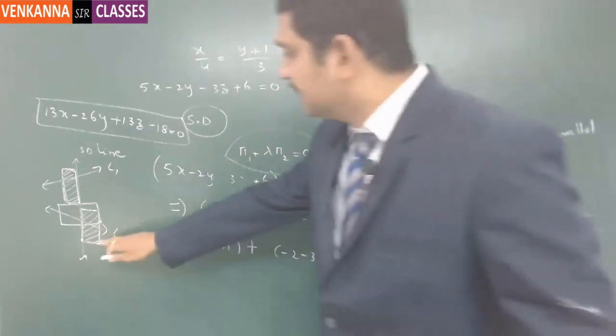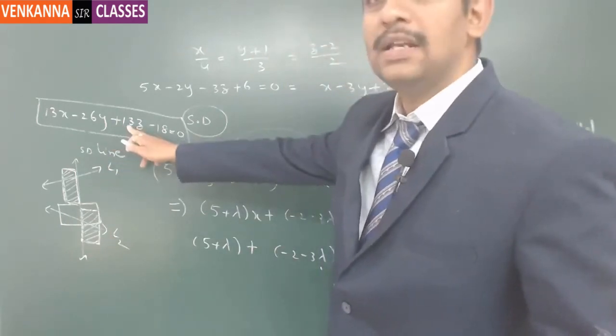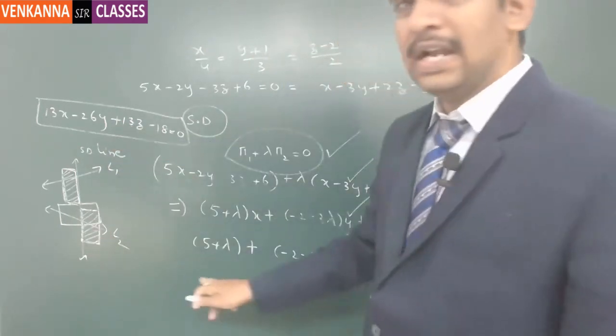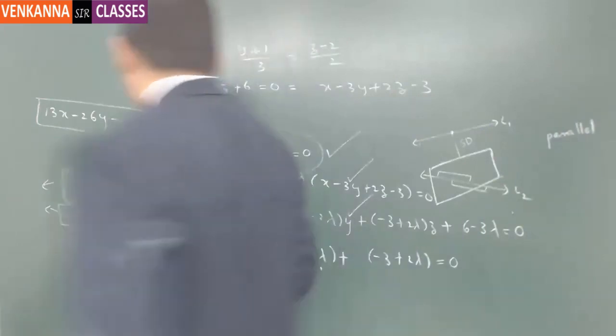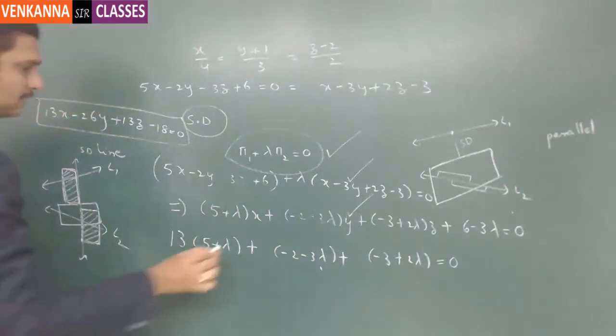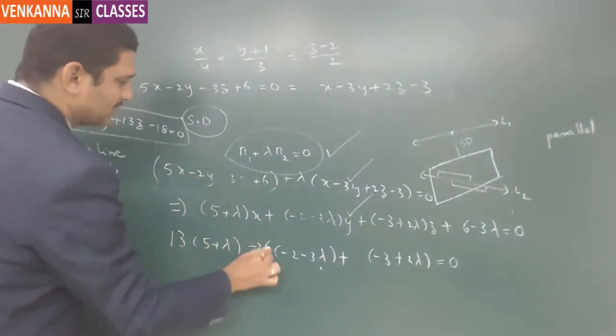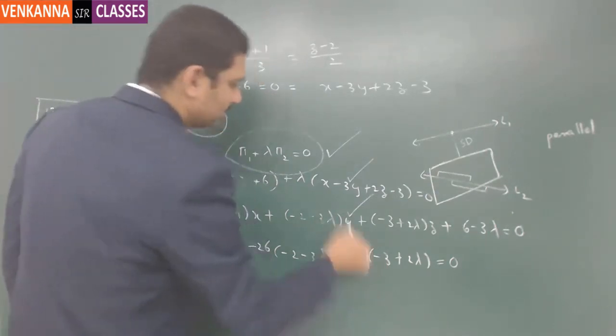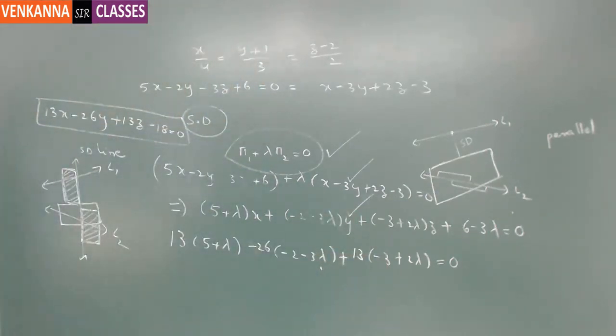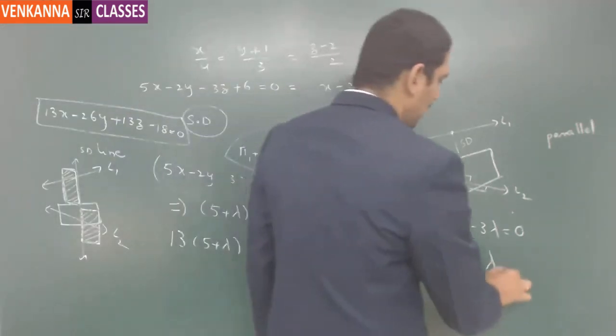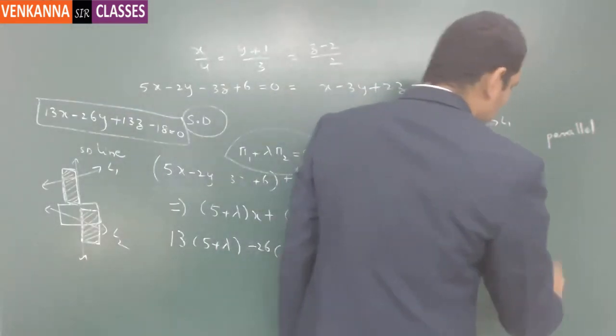Since this plane is perpendicular to this plane, for applying the perpendicularity condition, I should consider these DRs. So 13, minus 26 and 13. That I am actually substituting there. Okay. Now, from this, you will get that lambda is equal to minus 2 by 3.